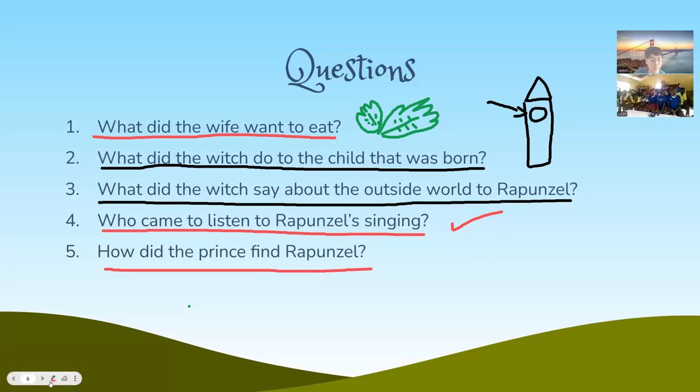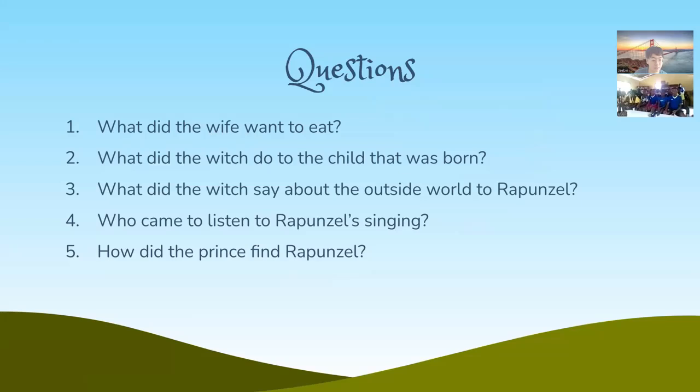Remember how the witch sent Rapunzel to the desert, and the prince was now blind, so he wandered around, and after a couple of years, he came to listen to Rapunzel's singing again, and that's how he found Rapunzel. So those were some basic questions to see how you understood the story, but I can tell that you guys understood the story really well. So yeah, good job with the questions.